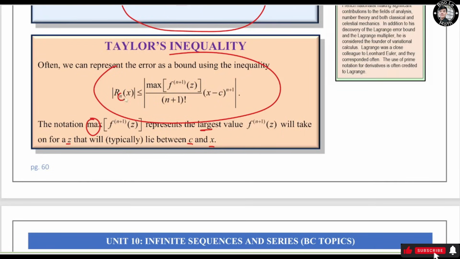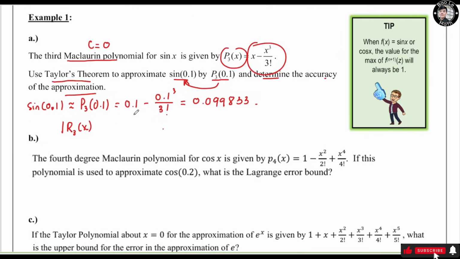So this is n, and this must be n plus 1, this must be n plus 1, and this must be n plus 1. Keep that in mind. So this is R_3(x), and it's less than or equal to the absolute value of the maximum, which means the largest value, of the fourth derivative of f at z, since this is 3 and this must be 4, over 4 factorial, times x minus c to the 4.